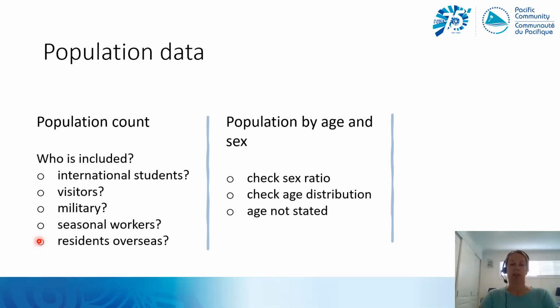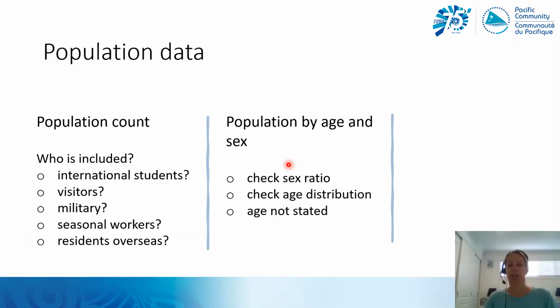Once we've got that population definition sorted out, the most important and useful aspect is population by age and sex, because that lets us calculate so many more indicators and get truer rates than just using a total population. We can also use that age and sex information to assess the quality of the collection.